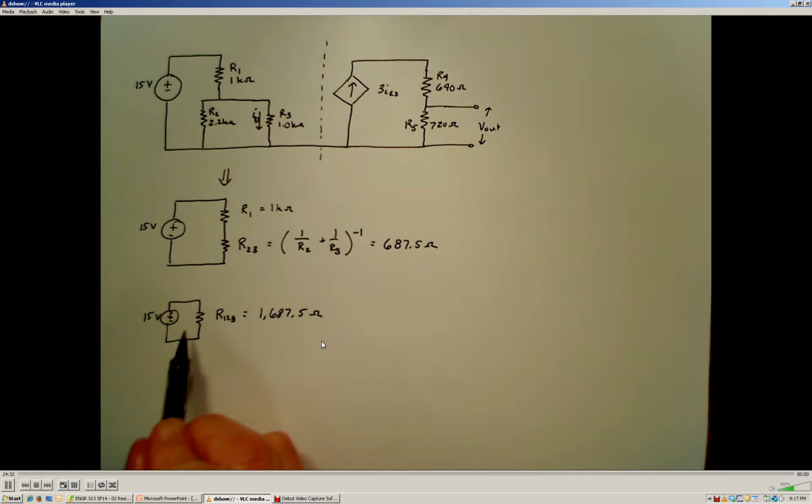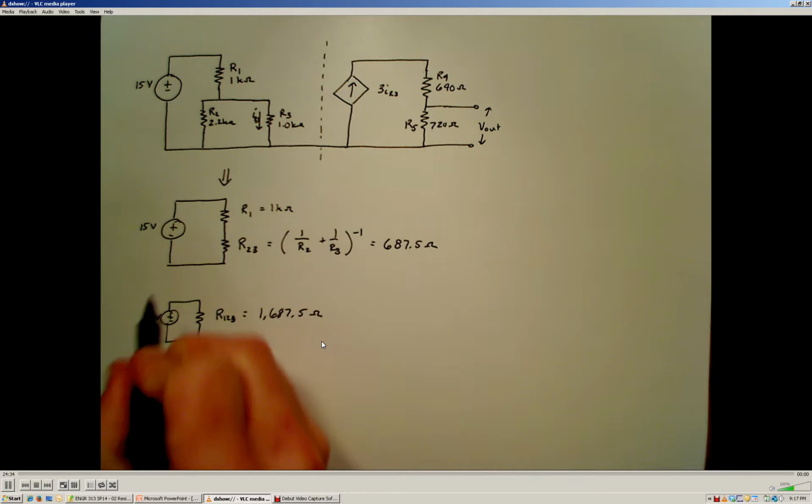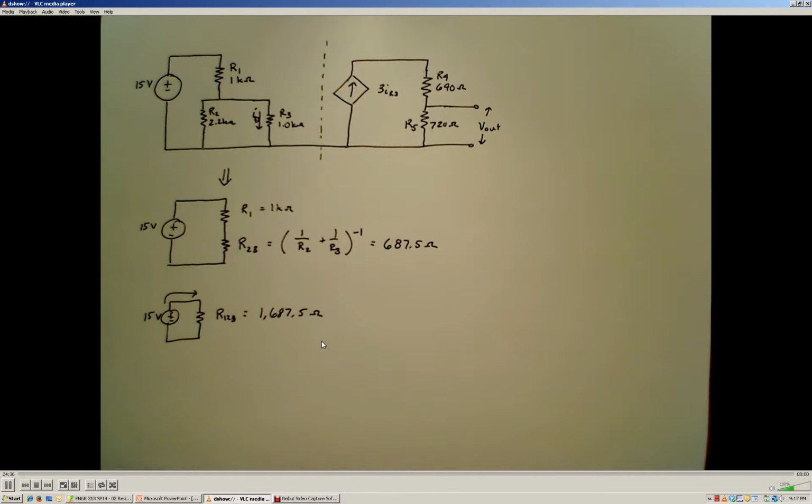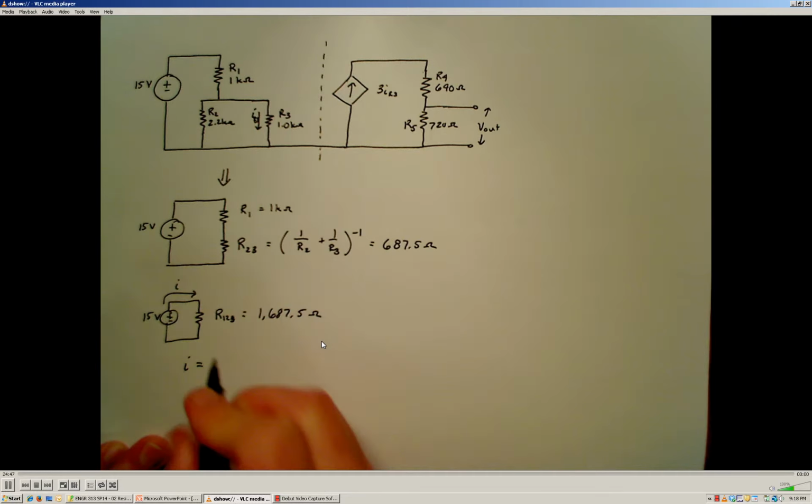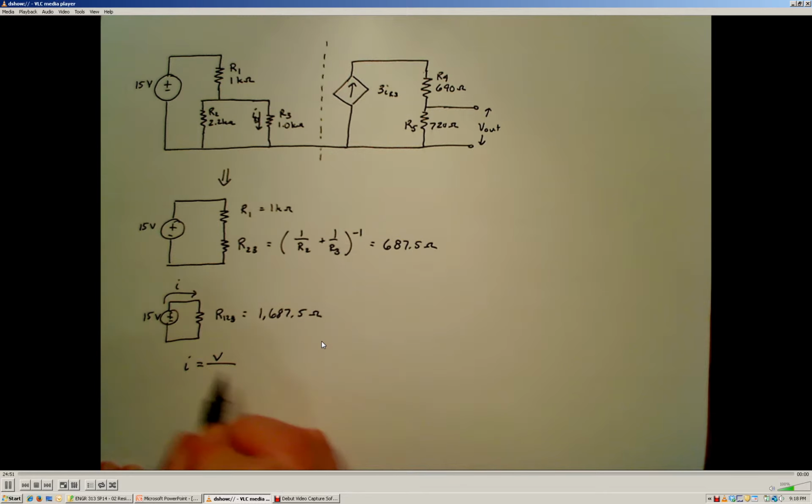Now that we have the equivalent resistance, we can calculate how much current is delivered by this voltage supply to this closed loop. The total current is given by Ohm's law: the current is going to be the voltage divided by the resistive element value.